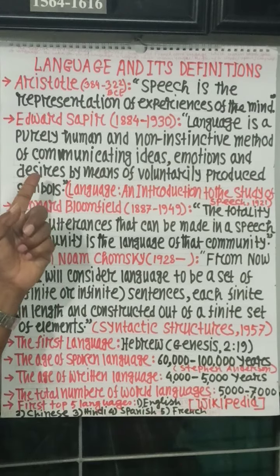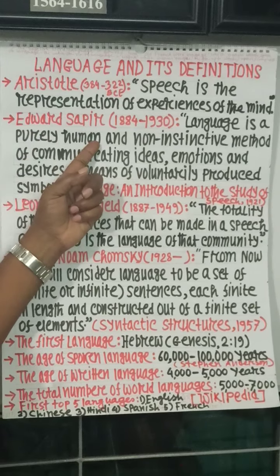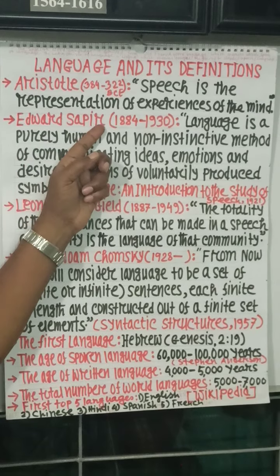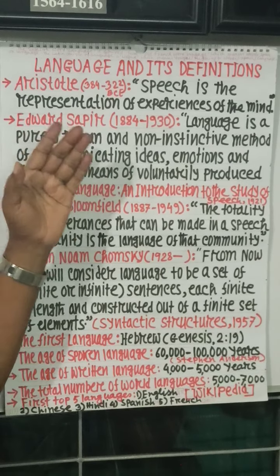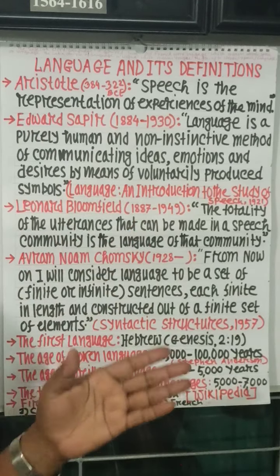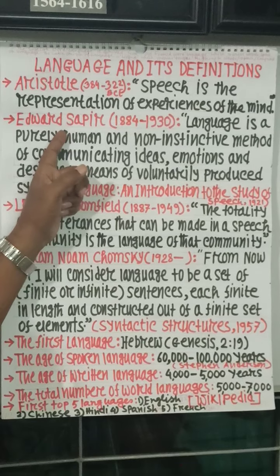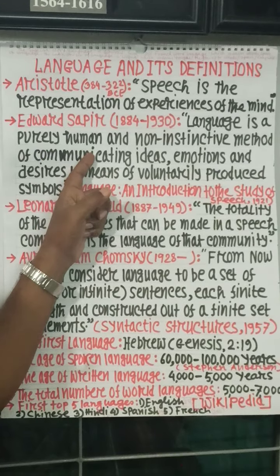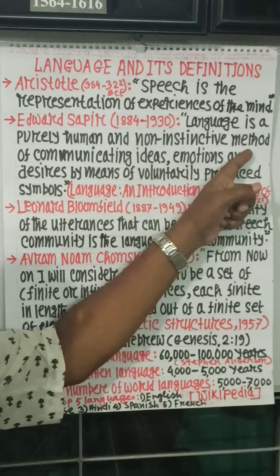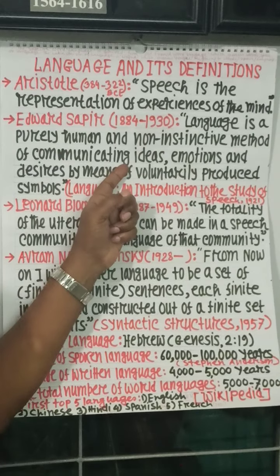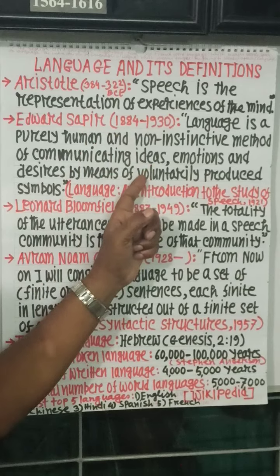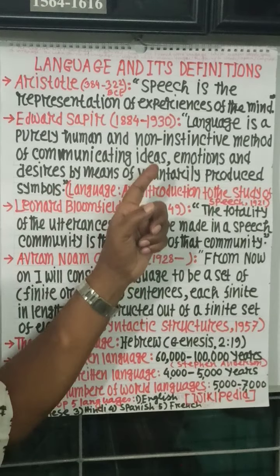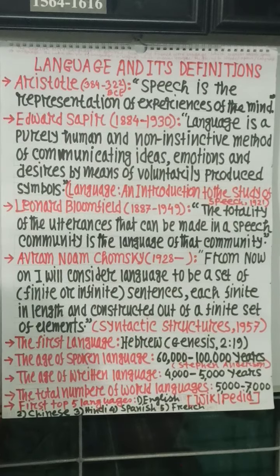Then we can discuss another definition given by Edward Sapir, who is a famous American linguist. According to him, language is a purely human and non-instinctive method of communicating ideas, emotions, and desires by means of voluntarily produced symbols.